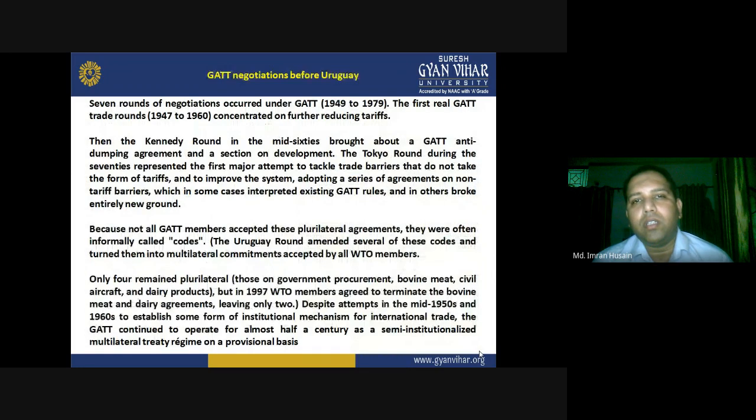GATT negotiations before Uruguay. Several rounds of negotiation occurred under GATT during 1949 to 1979. The first GATT trade round, 1947 to 1960, concentrated on further reducing tariffs.